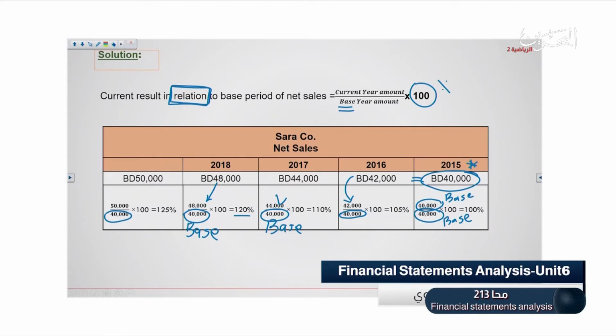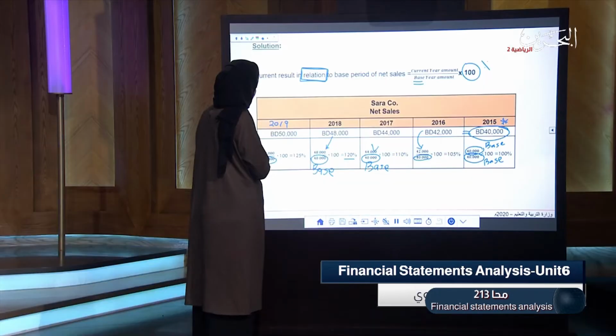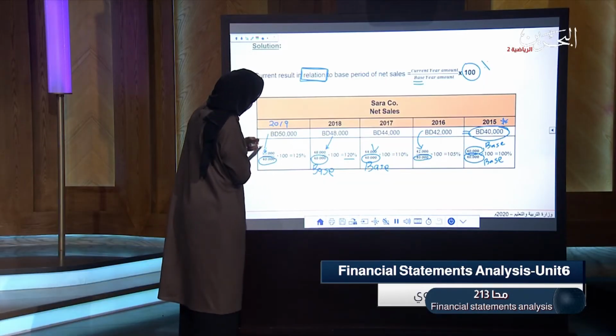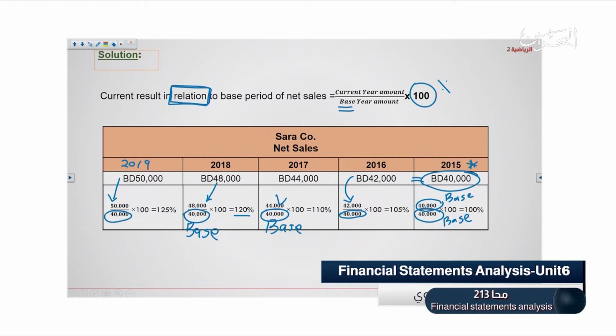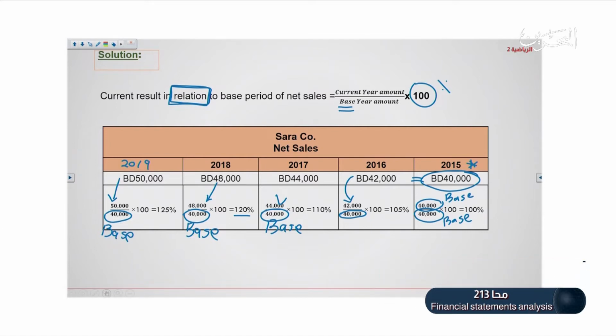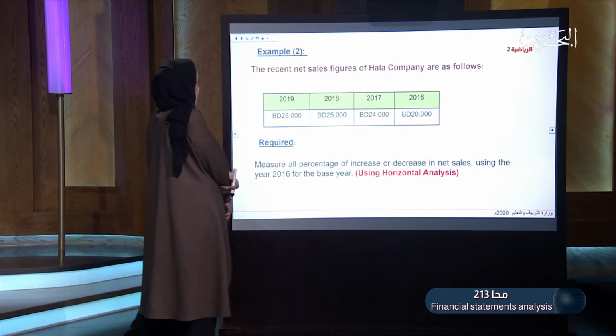And this is 2019. For 2019, the current year will be the same, only we will put the base year, multiply by 100 equals 125%.